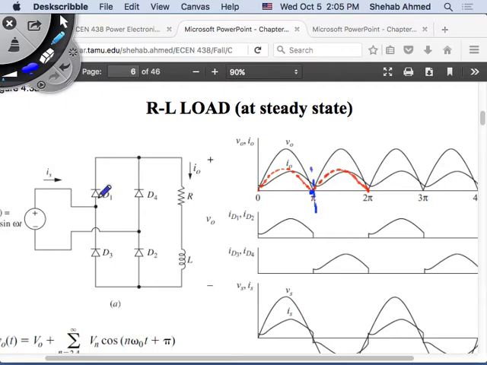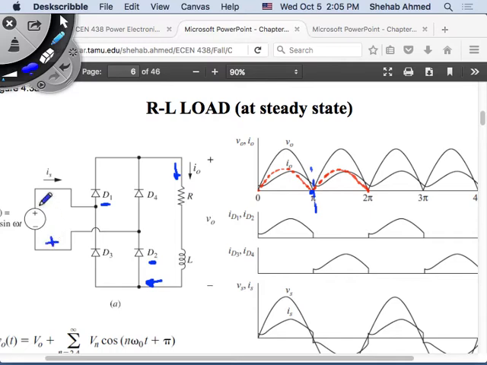Here, coincidentally, what's happening? In the positive half cycle, D1 and D2 are conducting, pushing current through my load. In the negative half cycle, current wants to flow. Where is it going to go? Is it going to go through D1 and D2 or D3 and D4? Let's think of it. In the negative half cycle, I flip the polarity of my supply, right?